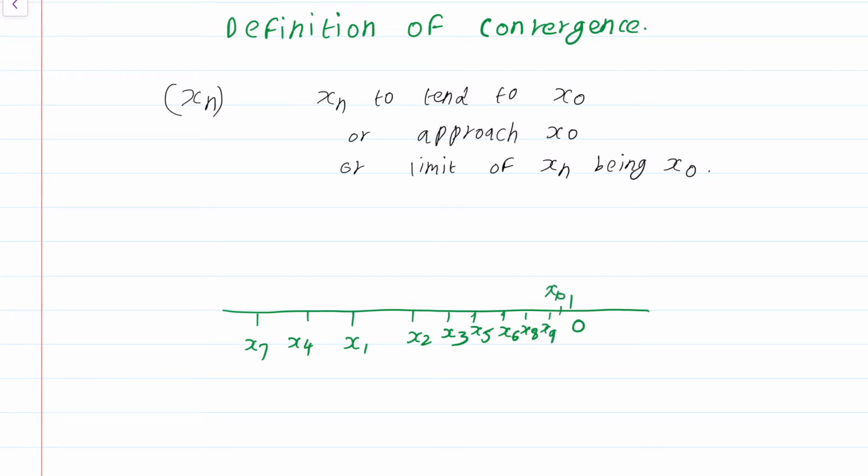Let's say that eventually it turns out that all the terms of the sequence keep getting closer and closer to 0. Then we would like to say that xn converges to 0. But how do we make this mathematically precise? So we have to define what gets closer and closer to 0.